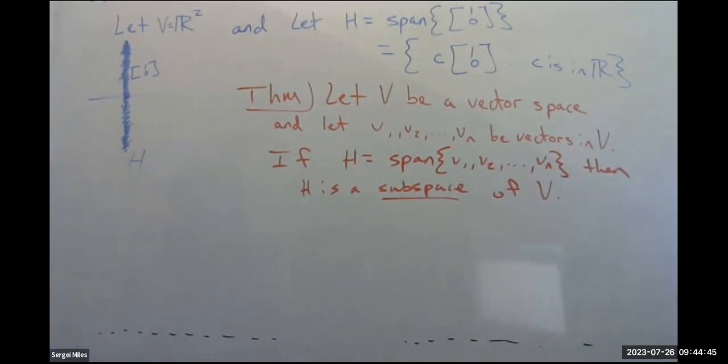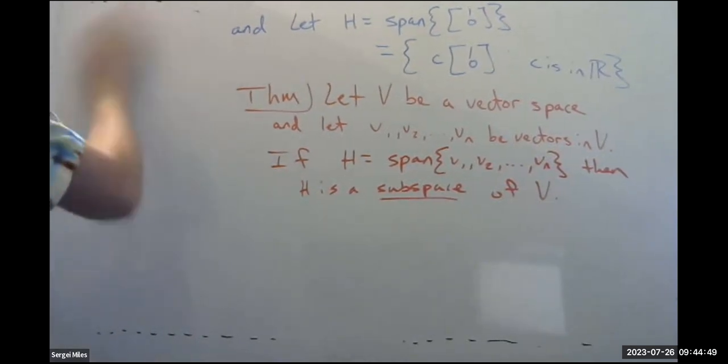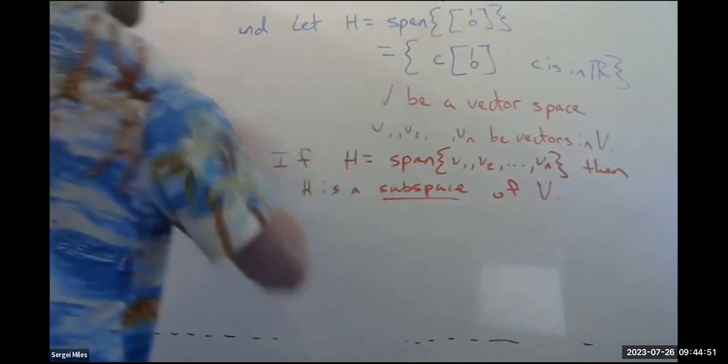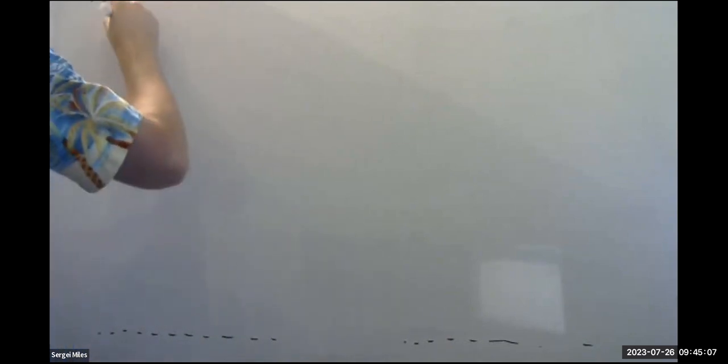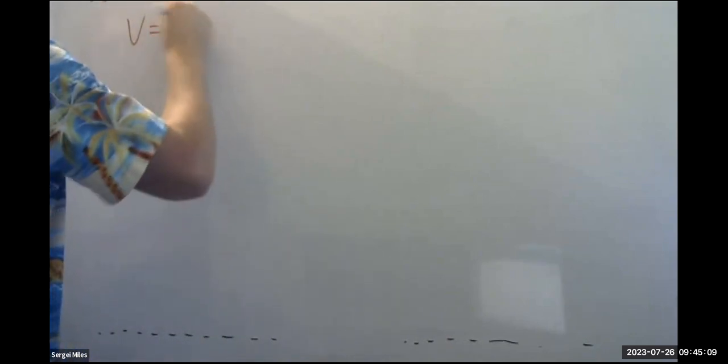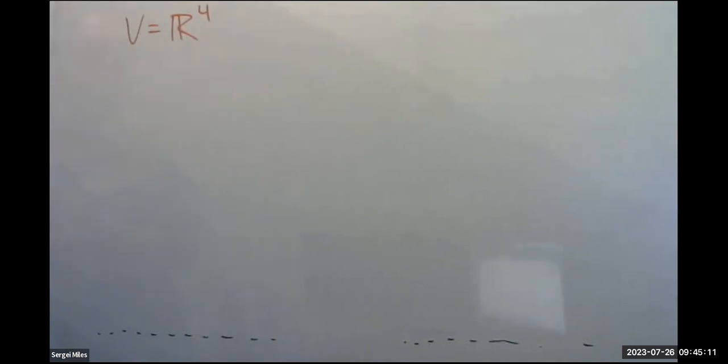So I want to show you an example of how using this theorem can help shortcut things. How does this work? Well, now let's make things a little bit trickier. Let's say V is now the vector space R4. That's still a vector space. It's big.